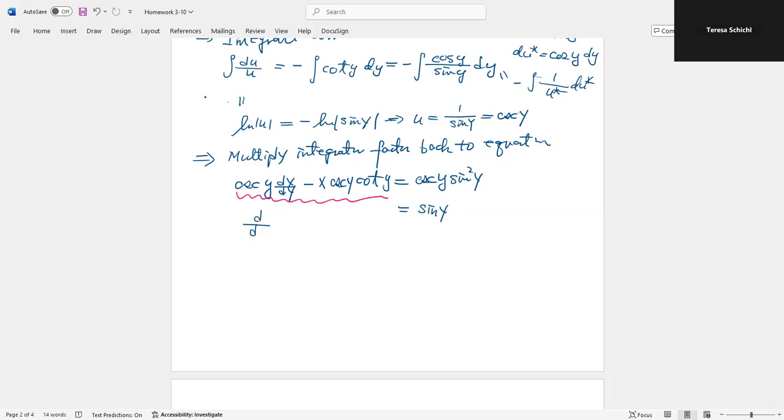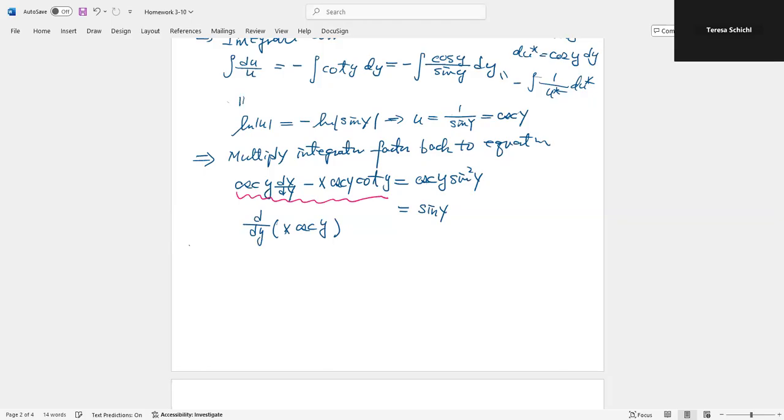So in here, this is dx dy. Let's rewrite this once here. This will be x cosecant y here, right? So it's the product rule if you see here.